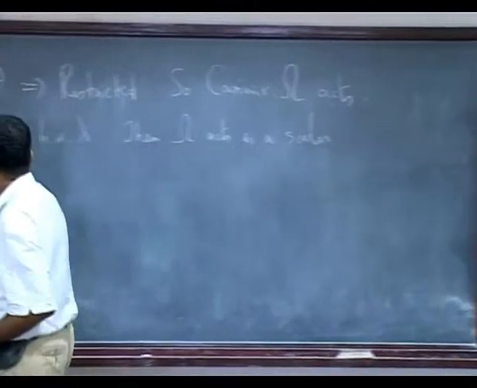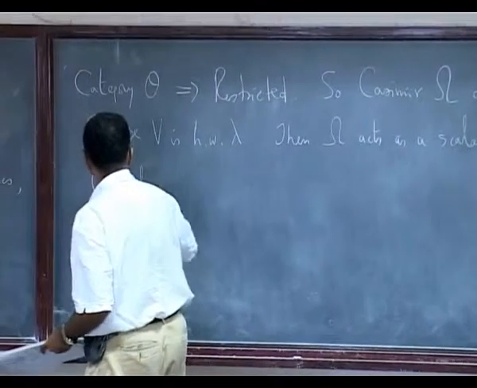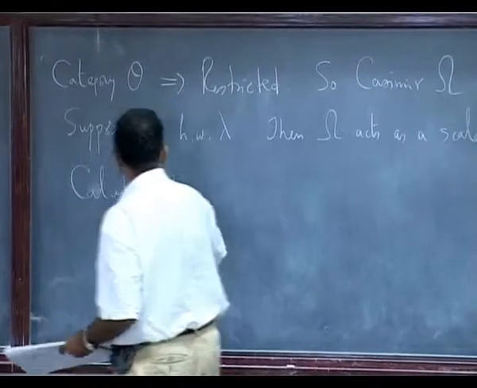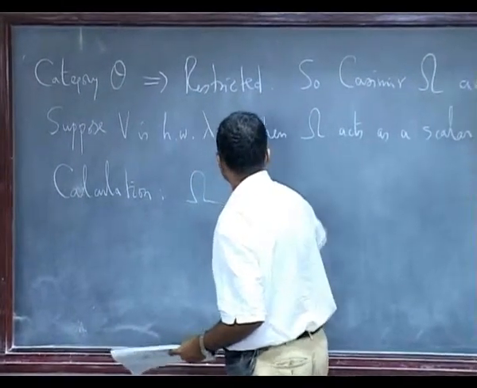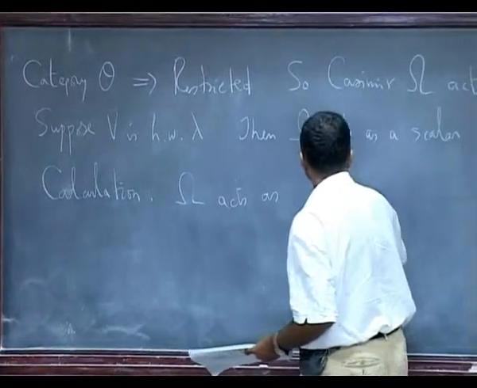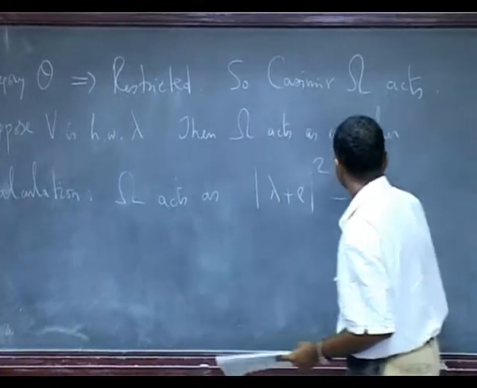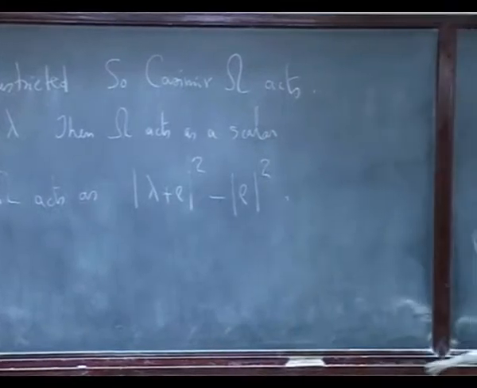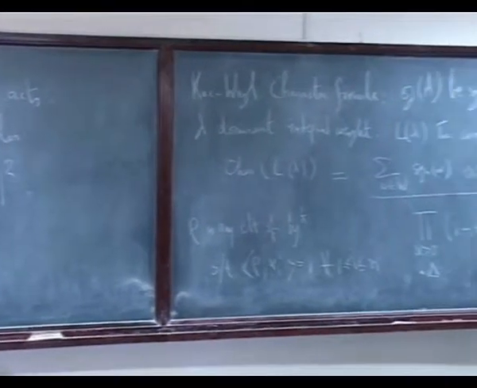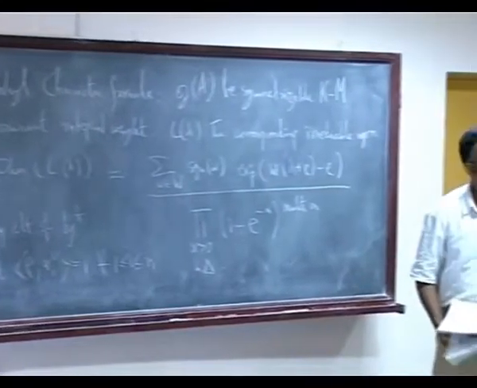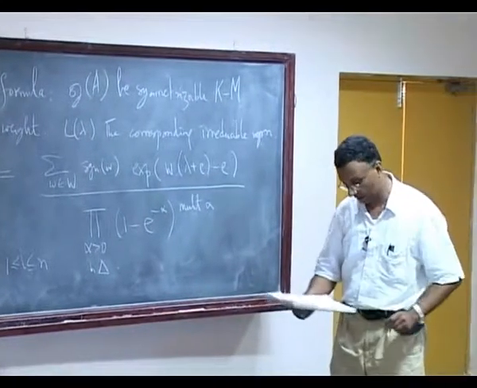So, this calculation is perhaps one of the most important calculations in the book. It says this is the scalar that it acts as.